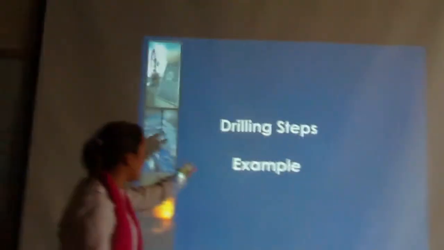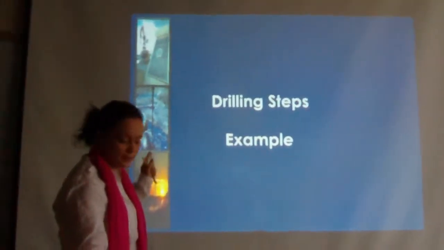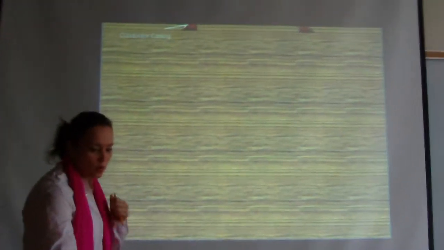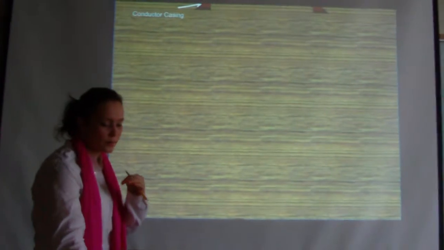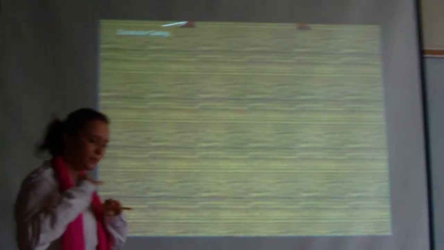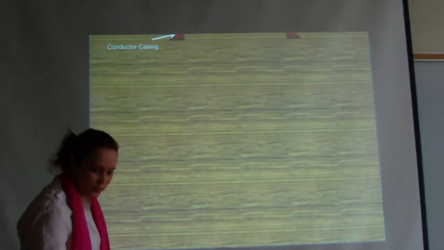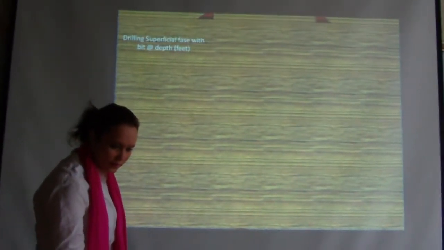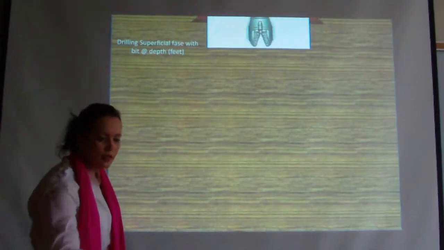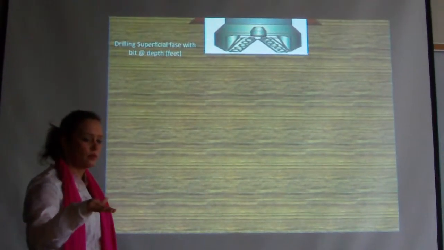Now I'm going to explain one drilling step, one example. First of all, we have to put into the ground the conductor casing. It is to keep safe the surface. After that, we drill the superficial phase with a bit until the depth that we need.